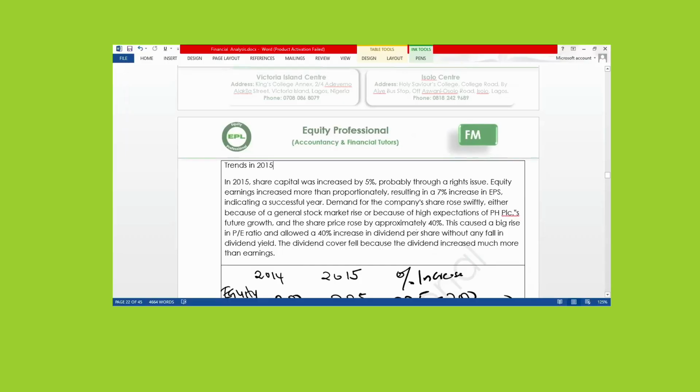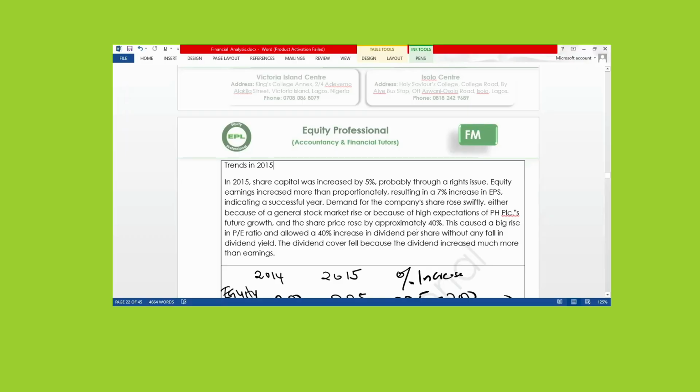Resulting in a 7% increase in earnings per share, an indication of a successful year. It's an indication that year 2015 was a successful year. Demand for the company shares rose swiftly.